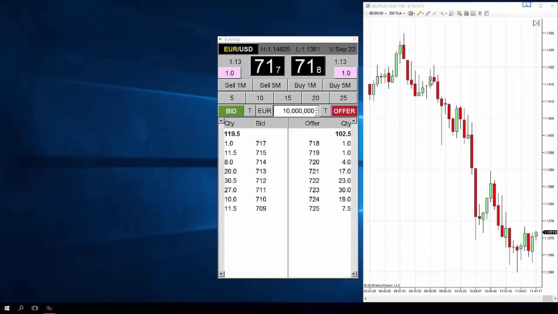Most people think banks are trading against you all the time. You're wrong. 80% of the time they're just trying to fill your order because they're making commission. So 80% of the bank's business is based on commission.